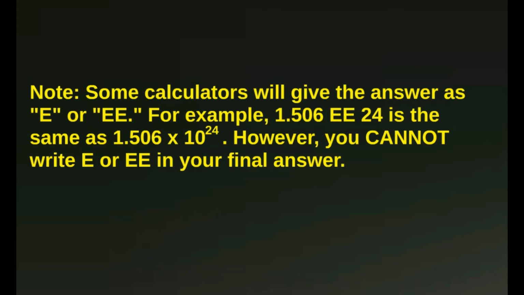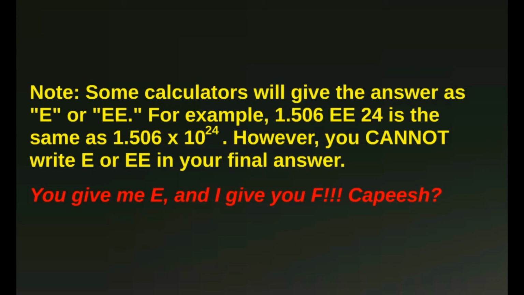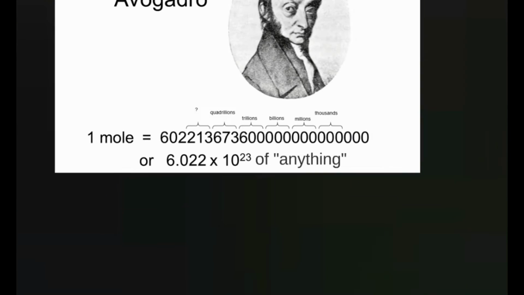In my class, if you write down that as your answer, you get it wrong, okay? You don't give me E. You give me E, I give you F, okay? Very simple. No E. But if you're using my calculator, you shouldn't have this problem. That's one reason why I bought those, because they're a little bit easier to use. Fantastic. All right. Had to go over that real fast.